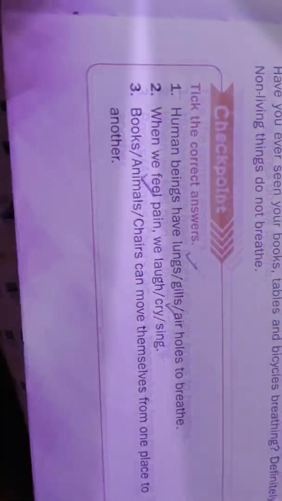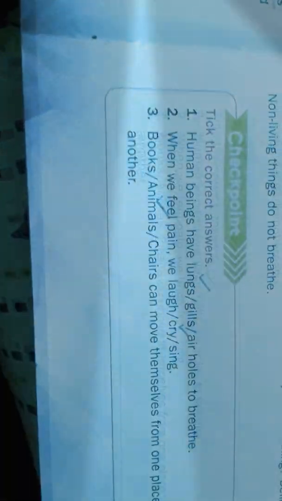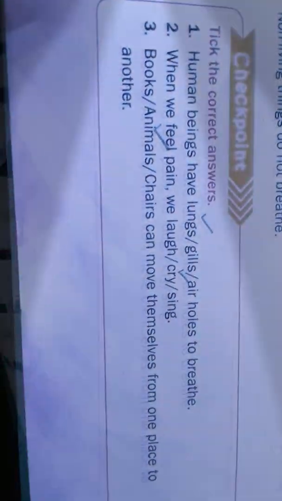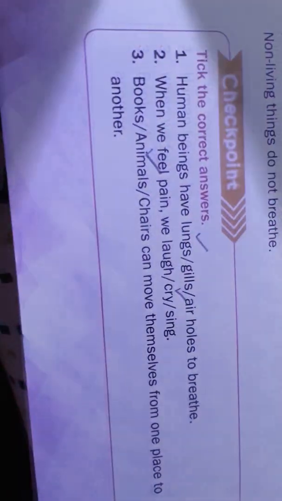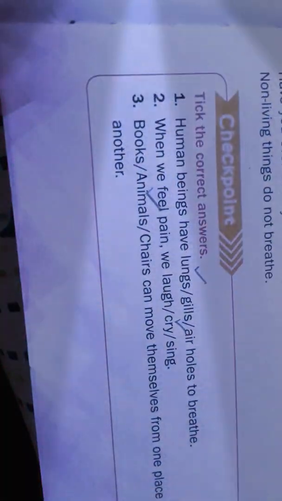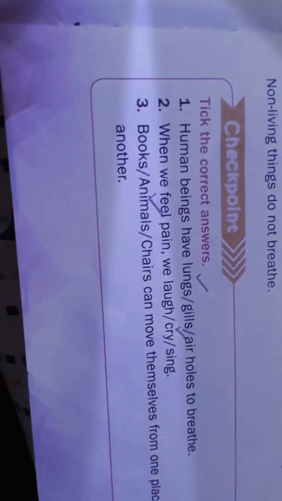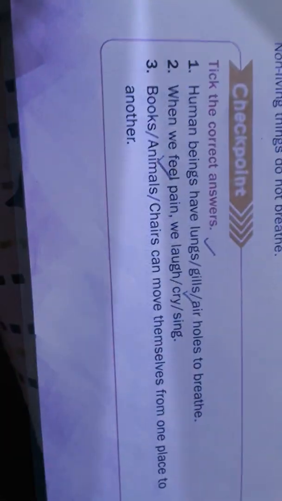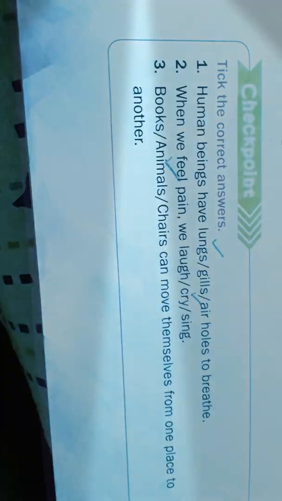And after that, again they give one checkpoint. Human beings have lungs or gills or air holes to breathe. And what do they have? Breathing organs? Yes, lungs. And second one, when we feel pain, we can laugh or cry or sing. Children, what will you do? When we feel pain, we can cry.